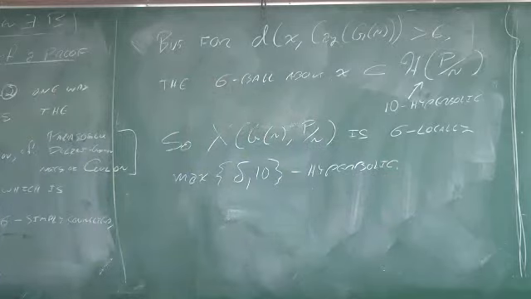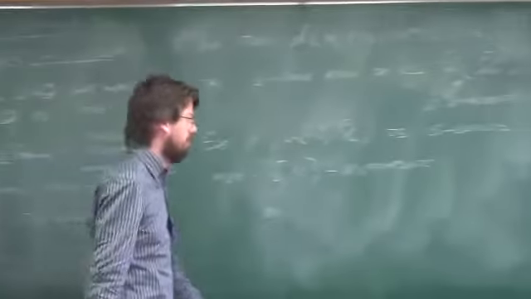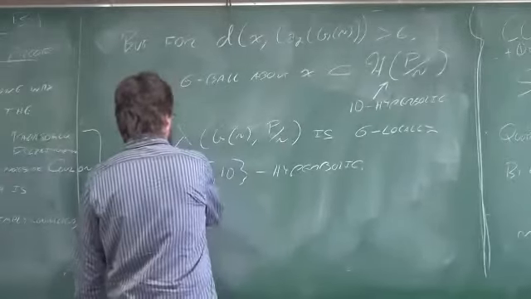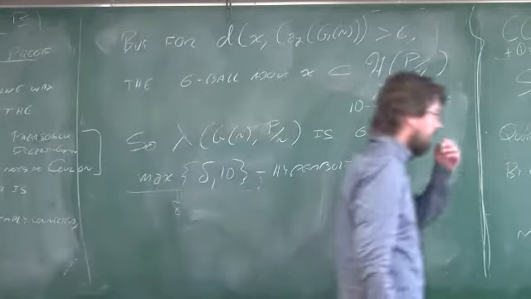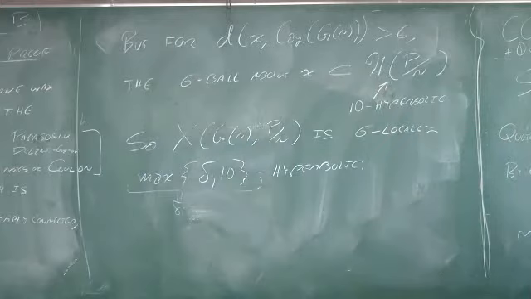But I can assume to begin with that my delta was a zillion, so it's bigger than 10. So the max of 10 and delta is delta. Okay, so that gets you the first condition.